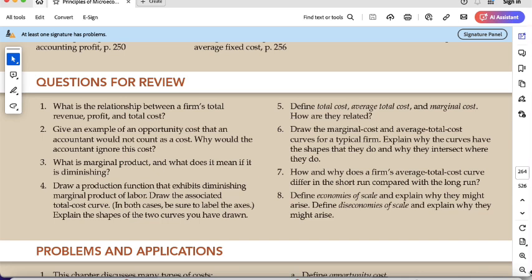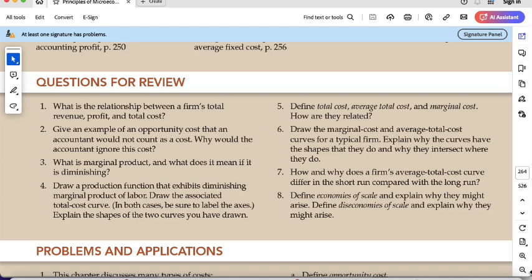We've seen the shape of the production function. What are total cost curves? What is the average cost? What is the marginal cost? These are things we've discussed. By this time, we should be able to draw the marginal cost curve and show that it cuts the average cost curve at its lowest point.